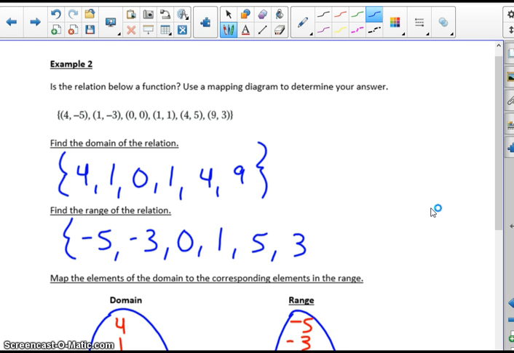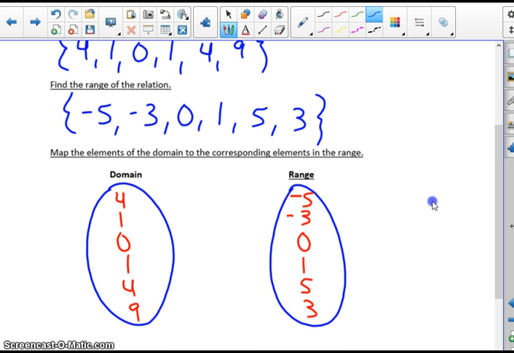And my range is -5, -3, 0, 1, 5, and 3. So I identify my domain and my range. And I once again create a mapping to see if this relationship is indeed a function. Every x value should map to only one unique y value if it is a function.